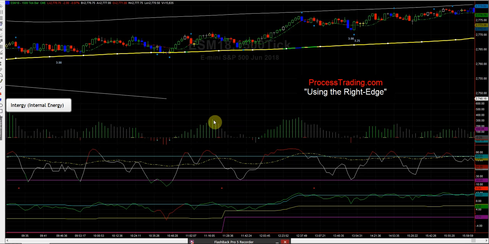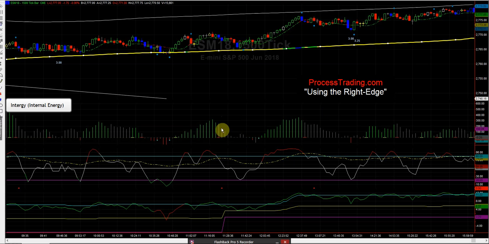At some point, the buying has to start lessening or even getting exhausted, and that's when weakness comes in, and these gray bars will show you those points. So that's why it forms these peaks and valleys.